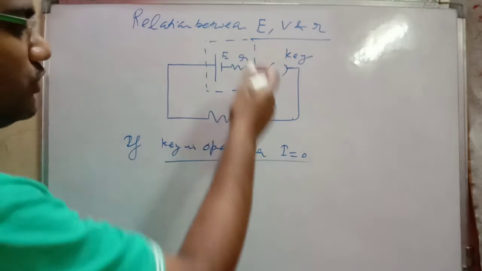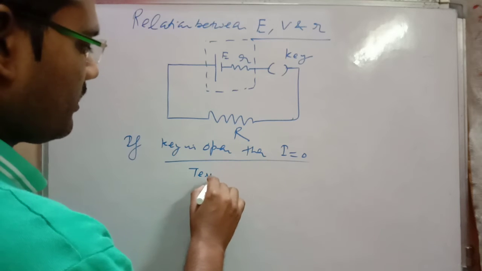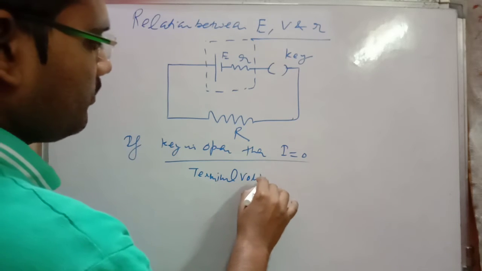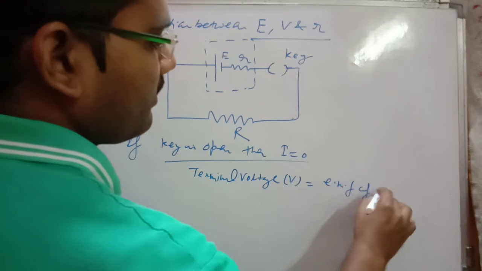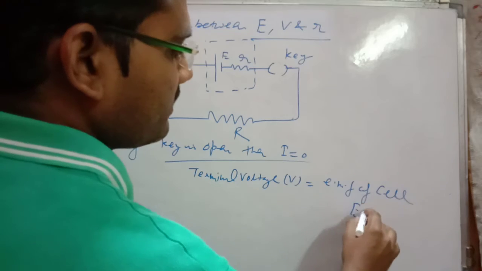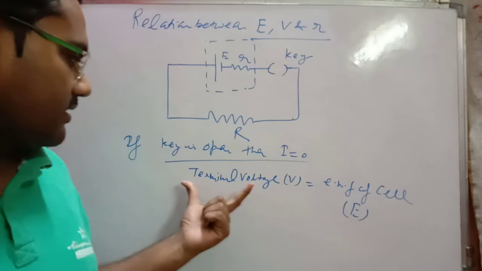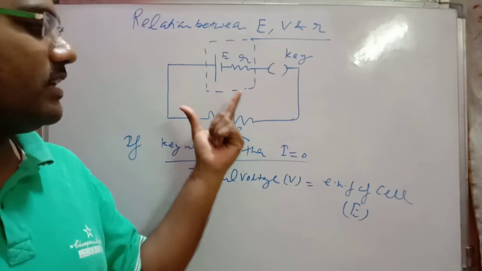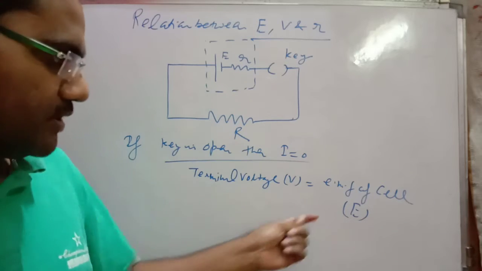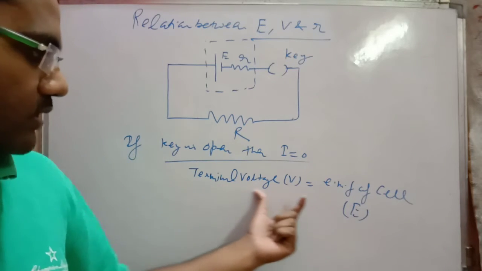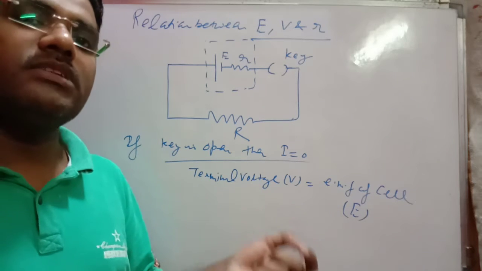If I is equal to 0, then the terminal voltage V is equal to the EMF of the cell, E. That means the EMF of a cell is also defined as the terminal voltage when there is no electric current drawn from the cell.